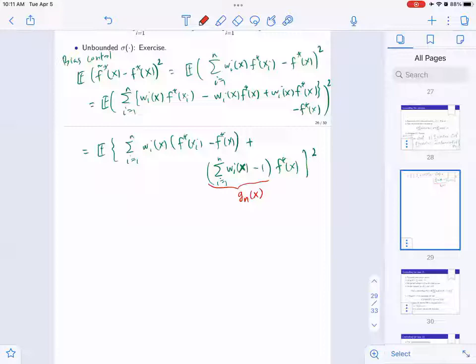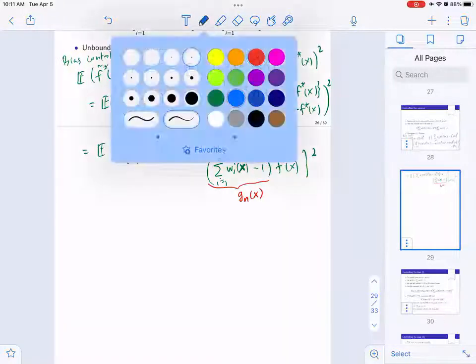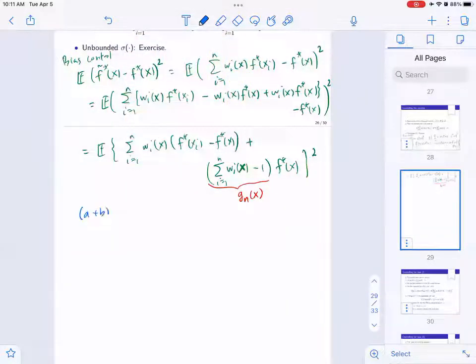So what we're going to do is use this inequality, which hopefully you're familiar with: a squared plus b squared. In order to break this sum into two pieces, since things are squared, this is like a triangle inequality for squares, but with some slack.